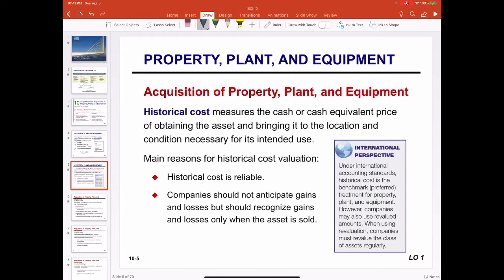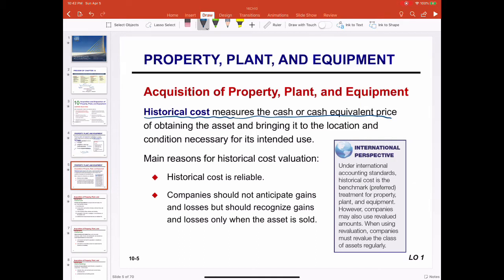The first valuation problem is when the firm initially acquires the asset. Basically, we use the historical cost to measure the cash price of the asset. It not only includes the price to purchase the assets, it also includes any other expenditures to get these assets ready for use.